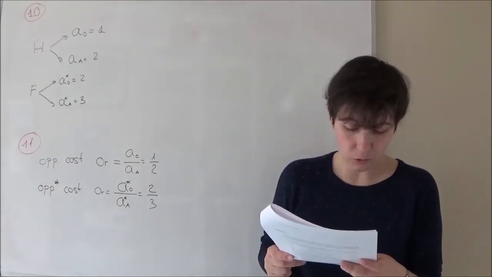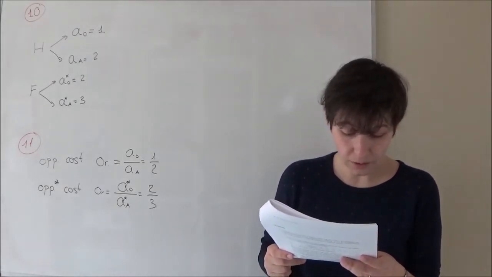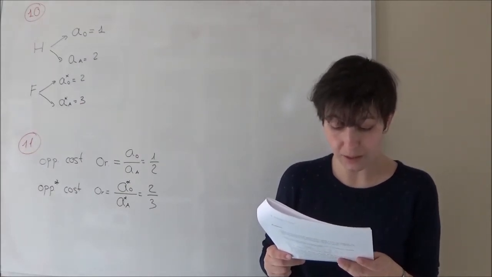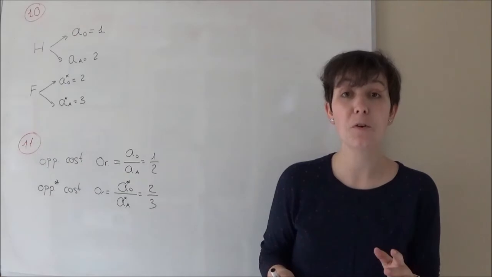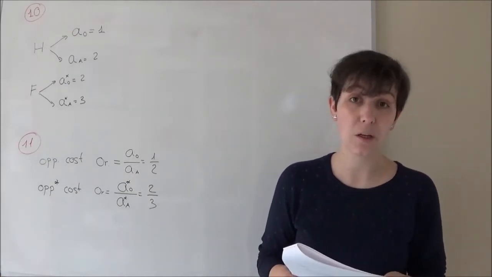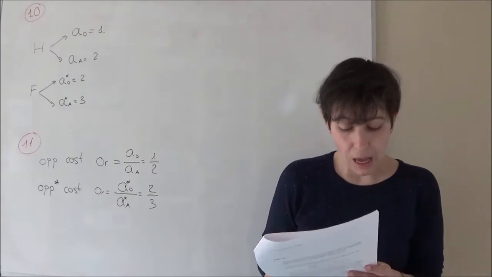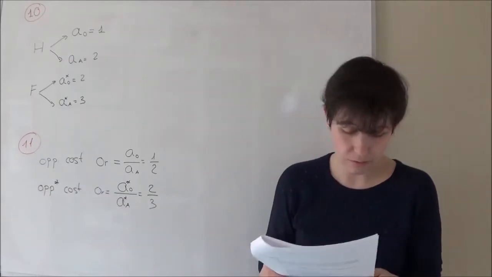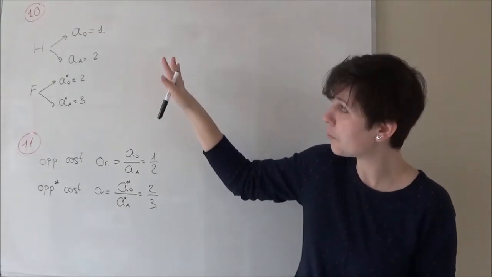D, which is not right either, says we need more information on relative prices. As I said, we don't need more information. The key here is the absolute advantage of the home economy for both goods. Now let's go to exercise 11, which is connected with this one, so taking that information in mind.